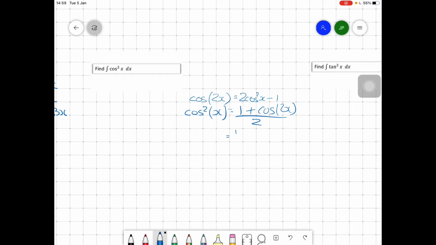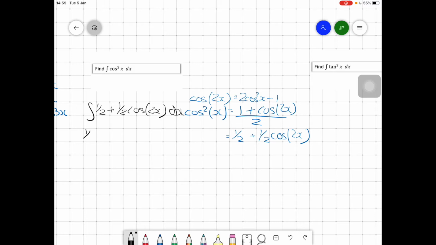So I'm just going to rewrite that into a slightly nicer form: a half plus a half cos 2x. Exactly the same idea as the first example. So we are now left with the integral of a half plus a half cos 2x, again with respect to x.